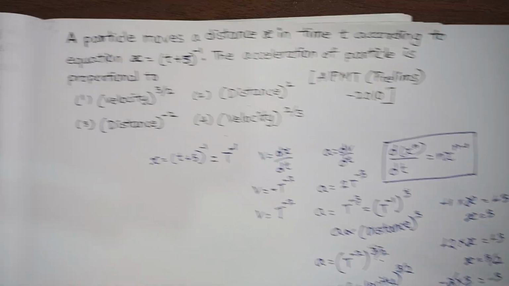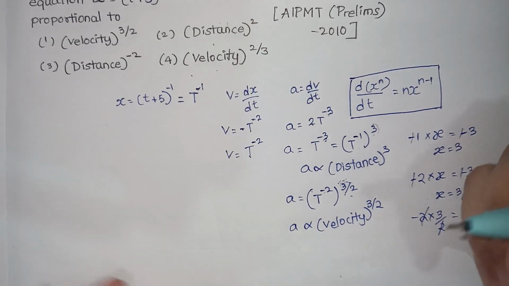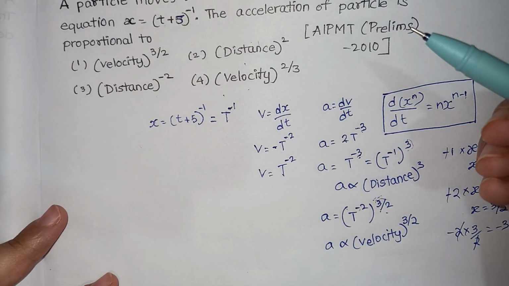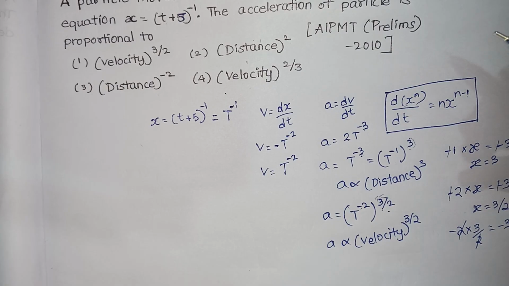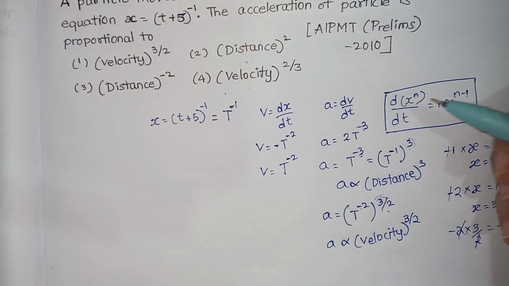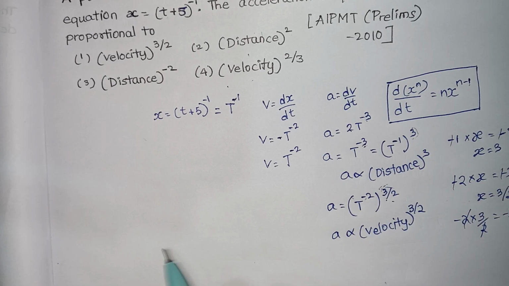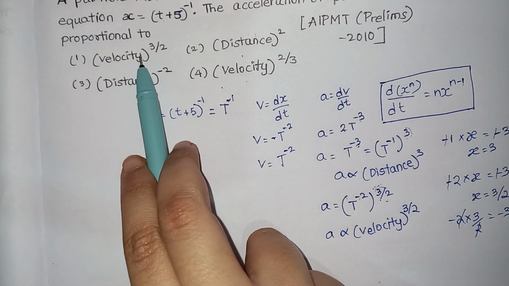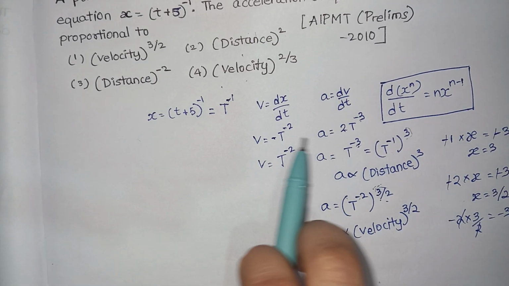This is the answer. But if you want to do it through the options, you have that way also. It is a second method of doing the solution. You just substitute: for the velocity you already have T power minus 2, substitute, and if you get the acceleration T power minus 3, go for it.